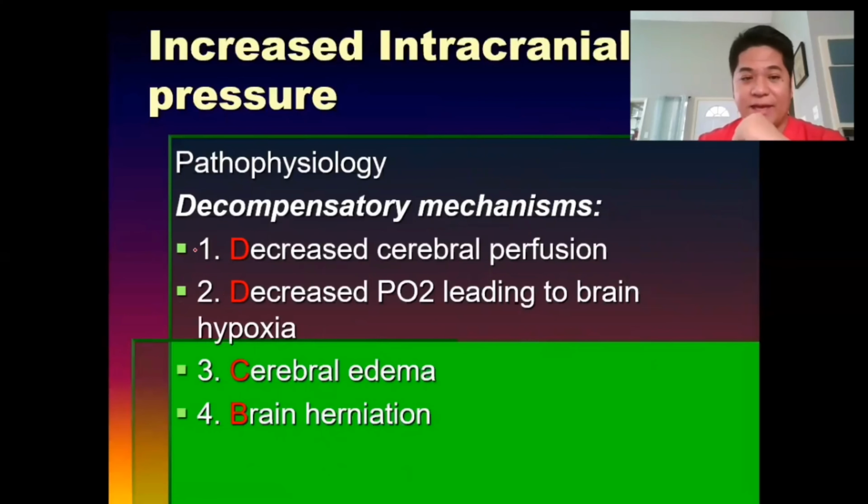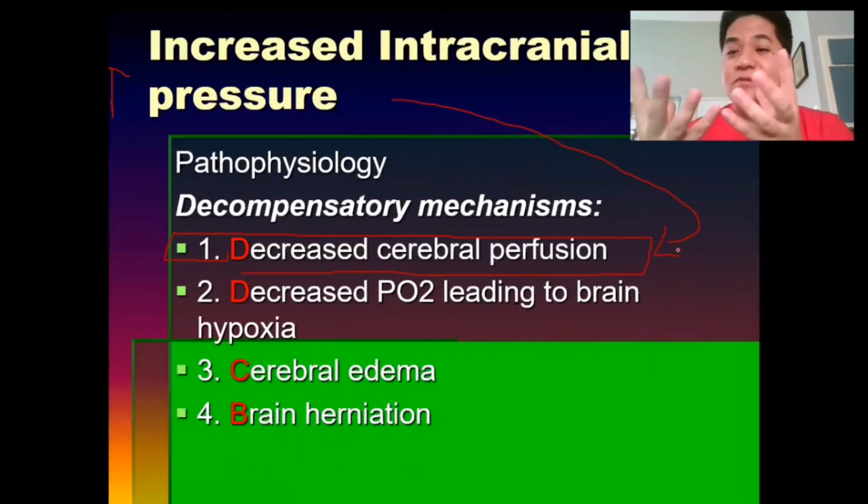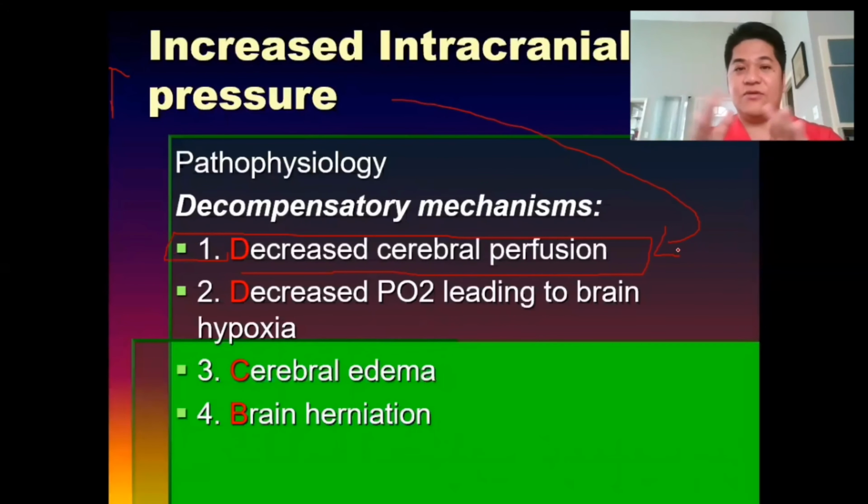The decompensatory mechanism would have decreased cerebral perfusion. So if there is increasing ICP, probably you would have decreased cerebral perfusion. Because the pressure is going to build up, the brain cannot perfuse normally. So the exchange of oxygen and carbon dioxide is also affected, okay? Now, if there is increased ICP, the utilization of oxygen is also affected, thereby increasing your CO2 production rather than using the PO2.